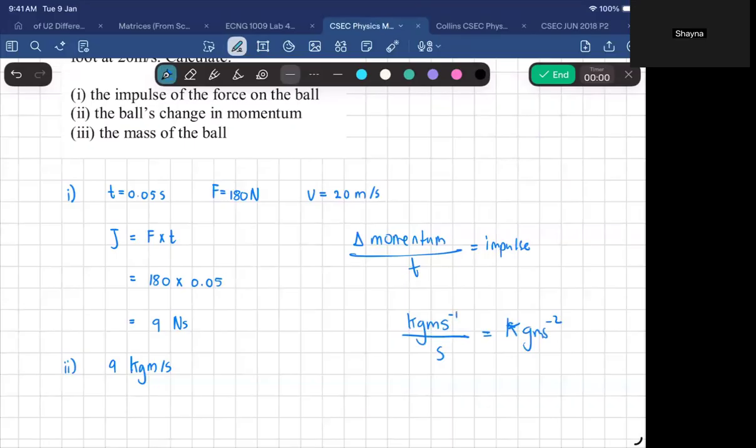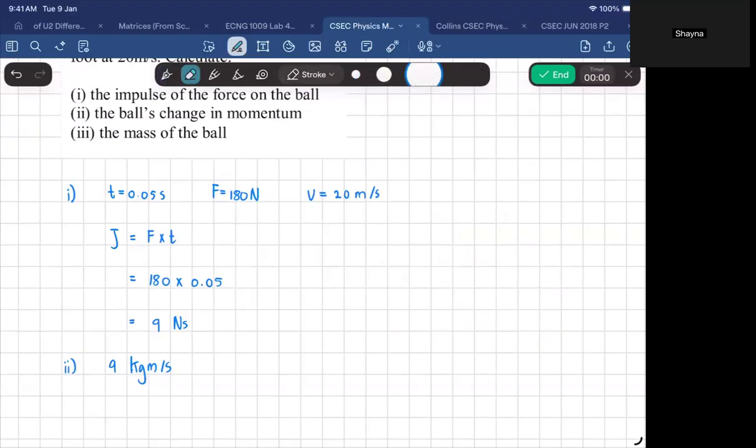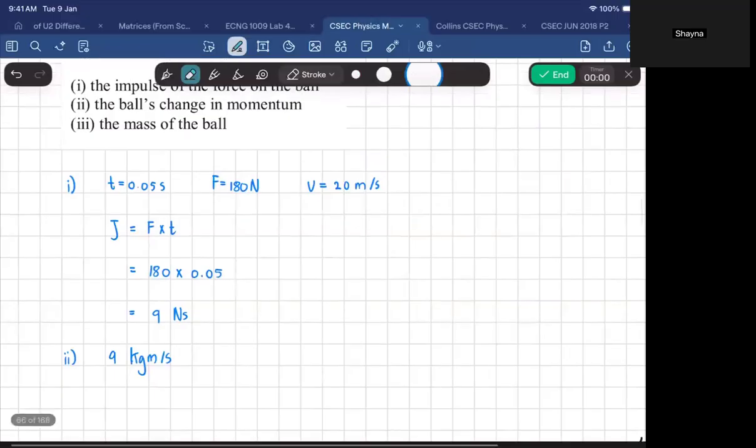Now, kg ms minus 2 is the same thing as force. But in the formula, it has force times time. That's weird. I'm sure there's some other derivation, but I will check back on that. We're supposed to end up with force times time, but we're only ending up with force.